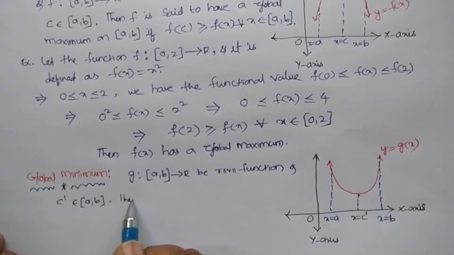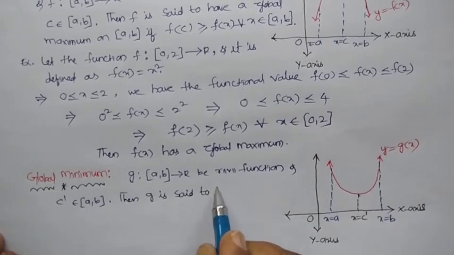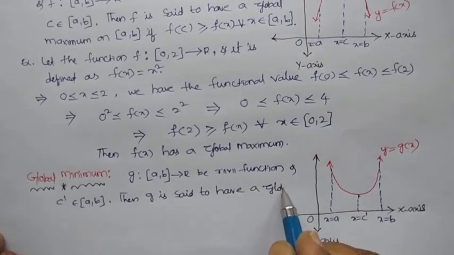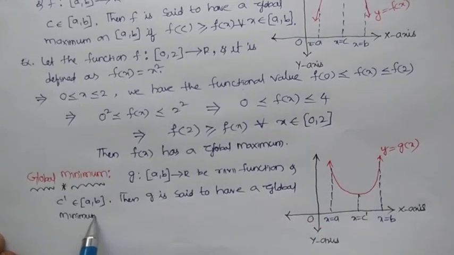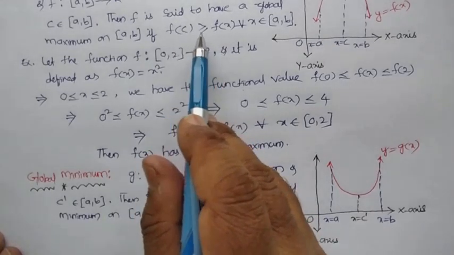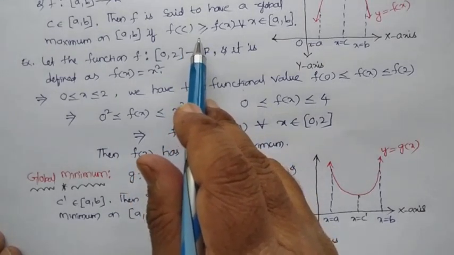Then g is said to have a global minimum on the closed interval a comma b if, vice versa for the maximum, the opposite condition holds.